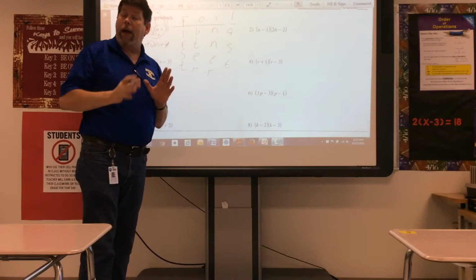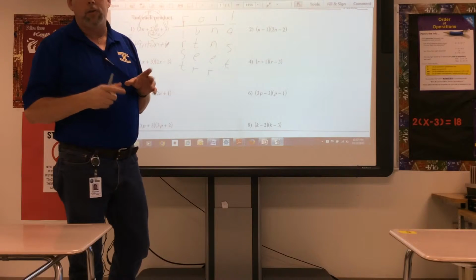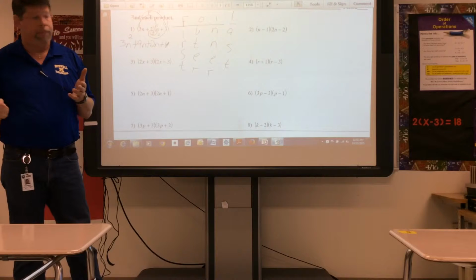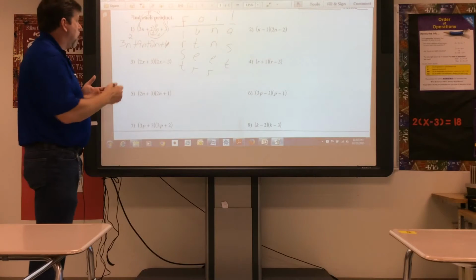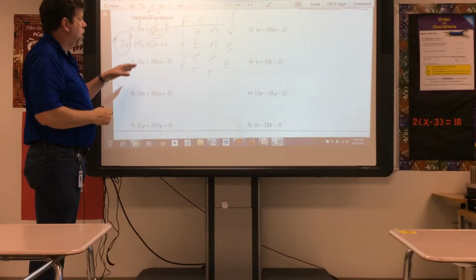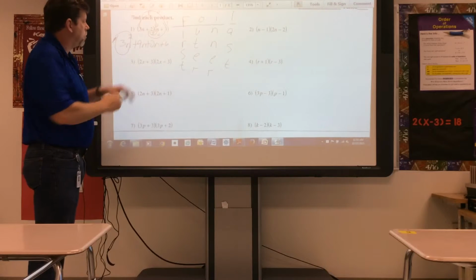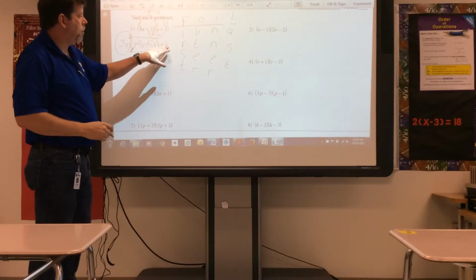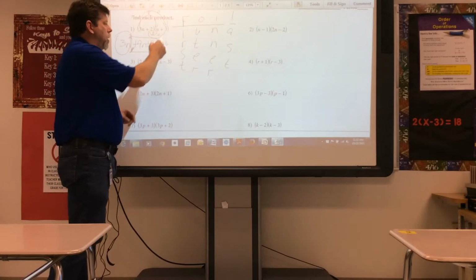Last lesson, when we were adding and subtracting polynomials, I told you to go through and put shapes around the ones that are the same. So what I'm going to do is I'm going to circle anything with an exponent of 2. I'm going to put a box around just the regular n's. And I'm going to put a triangle around the positive 6.